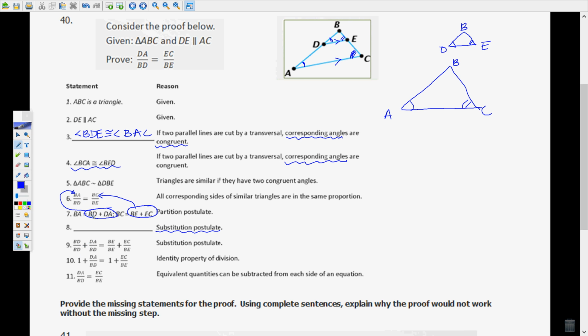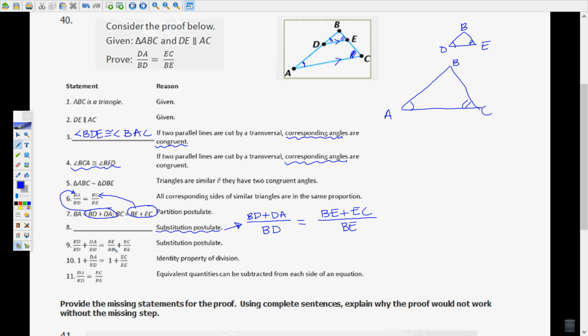Because down here, they separate it out, and they put BD over BD, DA over BD, and then BE over BE, and EC over BE. So what it would look like is BD plus DA over BD equals, taking from step 6 and plugging in step 7, BE plus EC over BE.